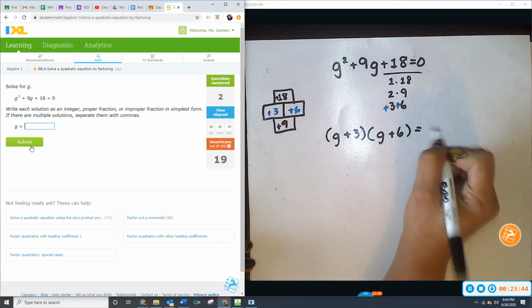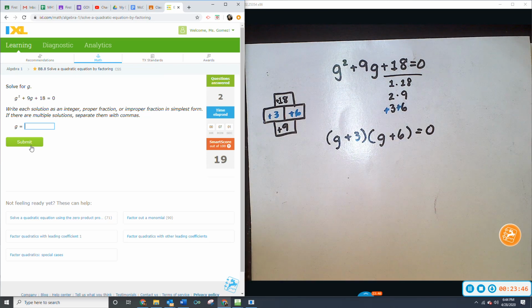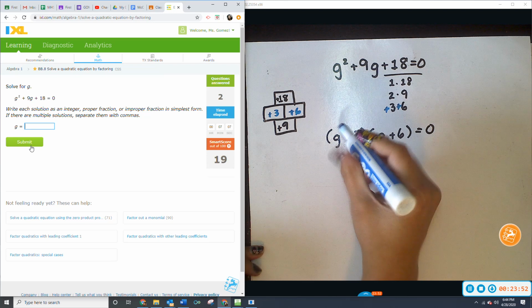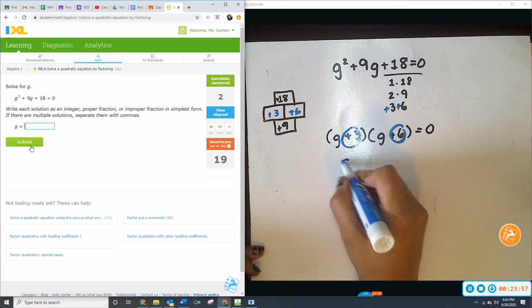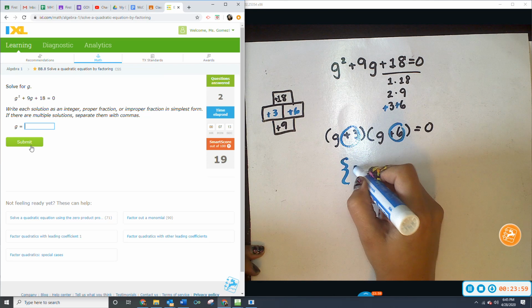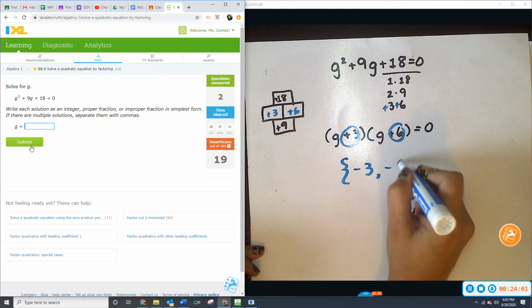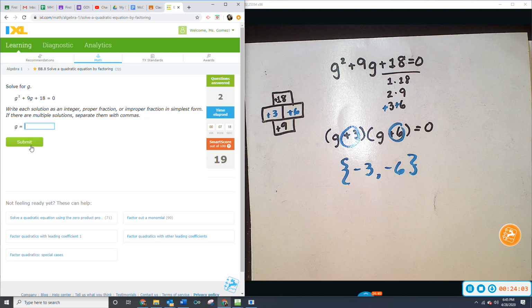Now remember that quick easy thing that we noticed, the pattern? Yeah, you just take this and get the opposite of it. So that means that that would be negative 3 and that would be negative 6. I don't want to waste time.